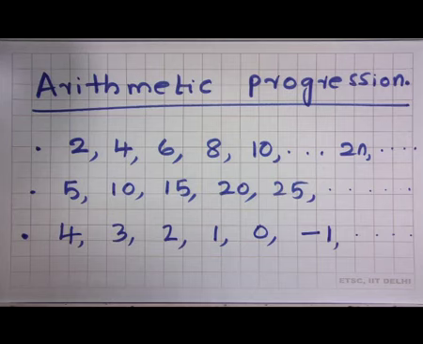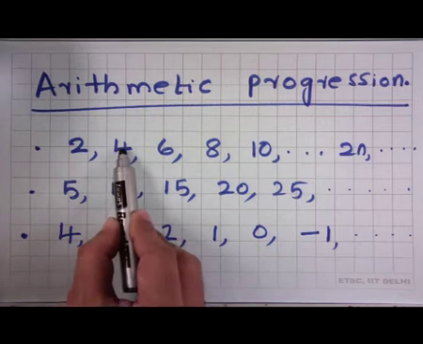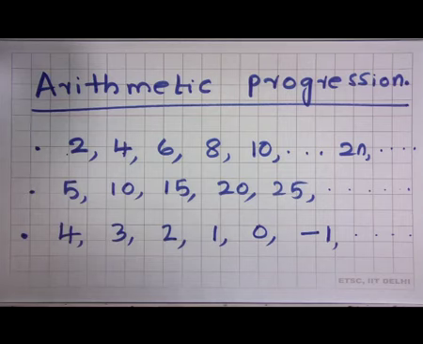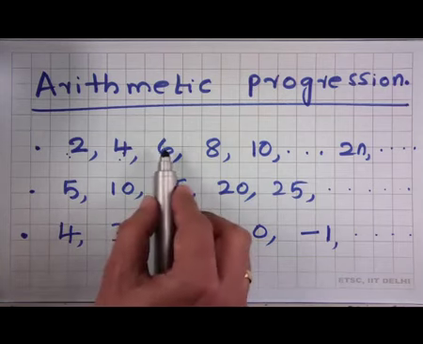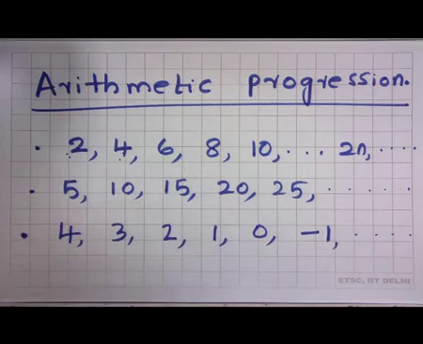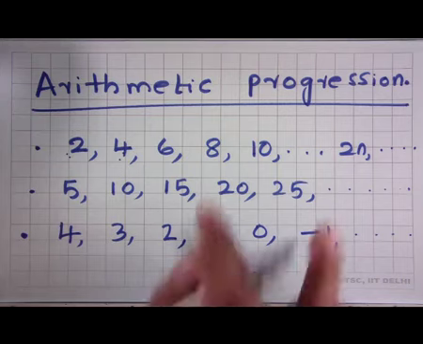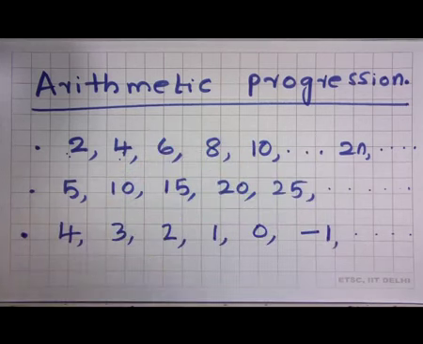If you observe the first sequence and ask how the sequence progresses, we can see that the difference between the second term and the first term, namely 4 and 2, which is 2, is the same as the difference between the third term and the second term, 6 minus 4, which is 2, which is again the same as the difference between the fourth term and third term.